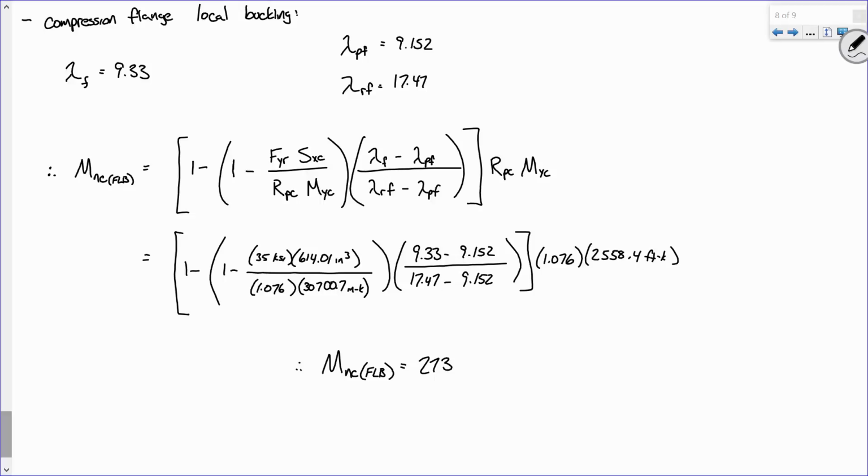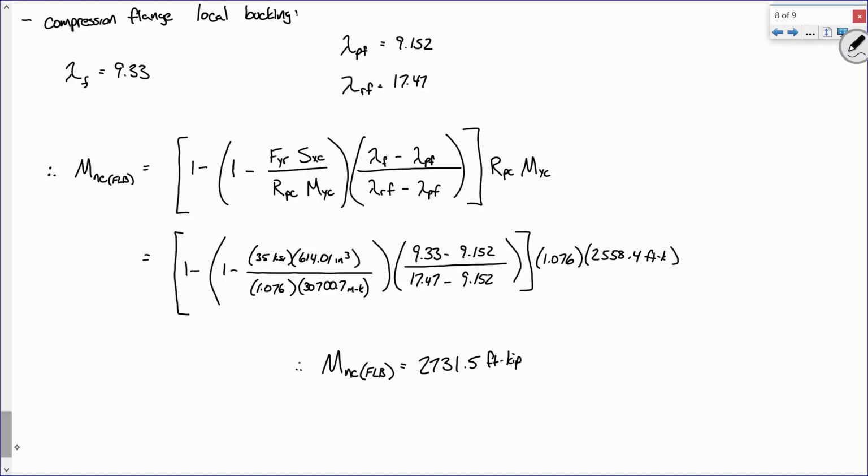I think it's probably because I was tracking decimals. I got 2731.5, but close enough. Foot kips. Everybody okay with that? All right. Any questions so far? Okay, so that's one nominal moment capacity. We got to compute the LTB and see which one's lower.